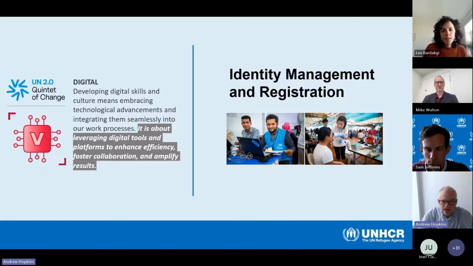We have had quite a journey over the years working with the populations that we serve, and we use, of course, digital means to help refugees, displaced persons, and stateless persons as well. So we really want to make sure that the work that we do is done for the good and the benefit of those people who are vulnerable and displaced because of conflict.